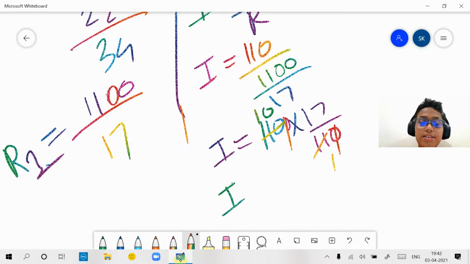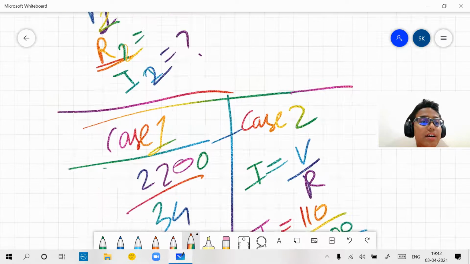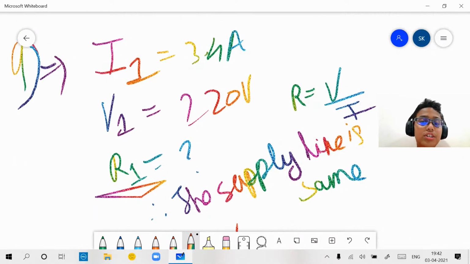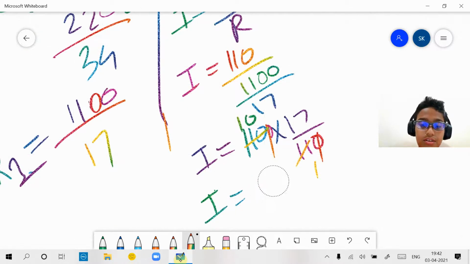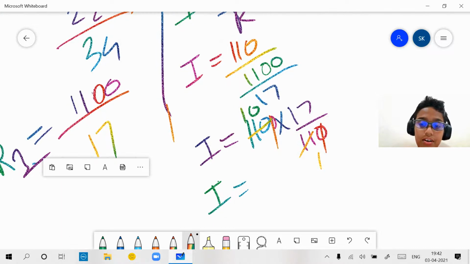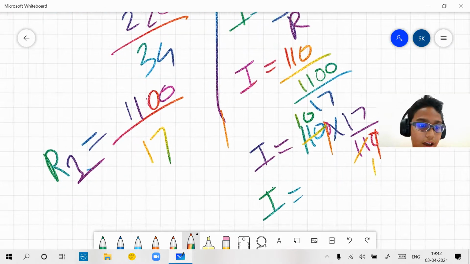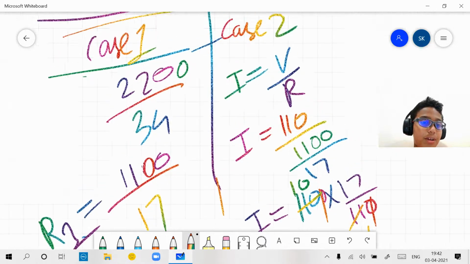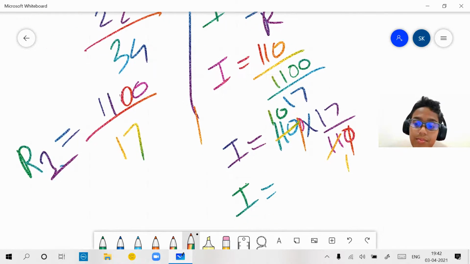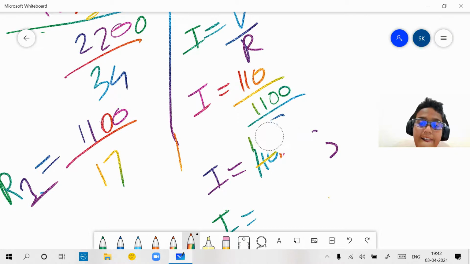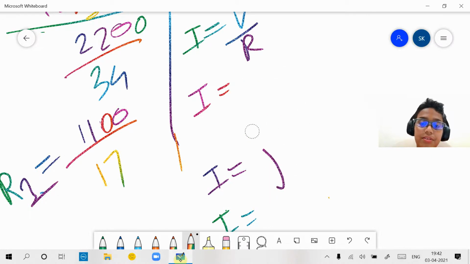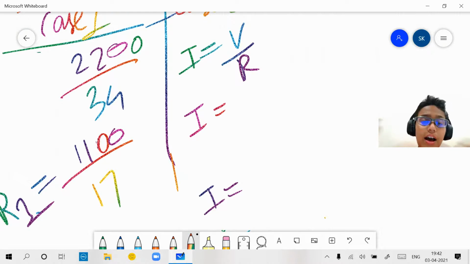So our final answer for the electric current is 100. Here in the first case it was 3.4 ampere. Something is wrong, I will check, because it was 3.4 ampere there, and how is such a large value coming? One minute. So we will do it again.